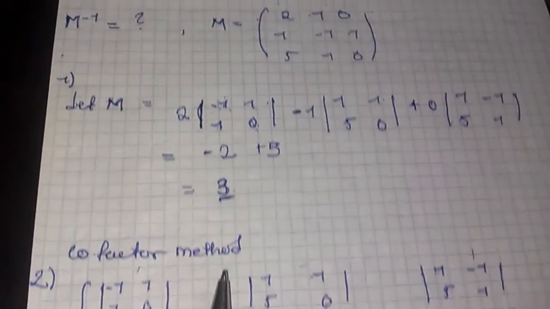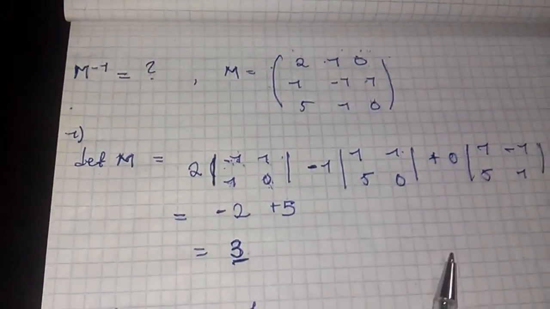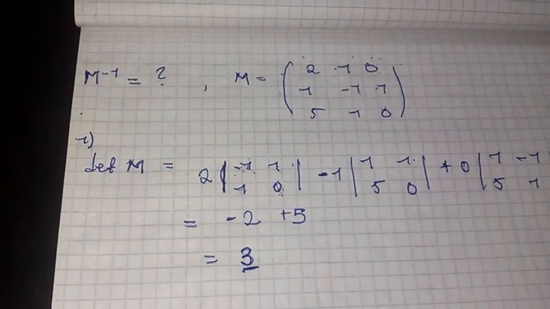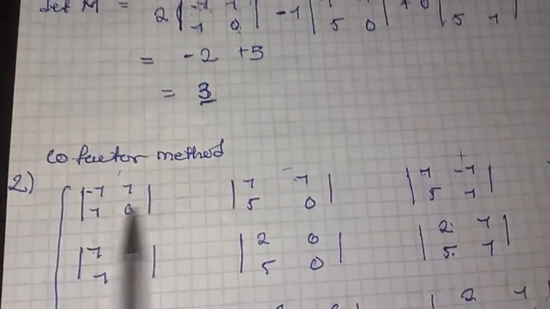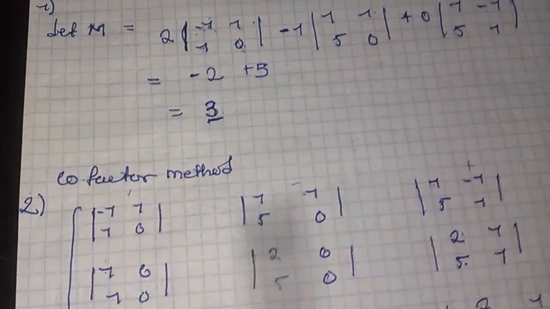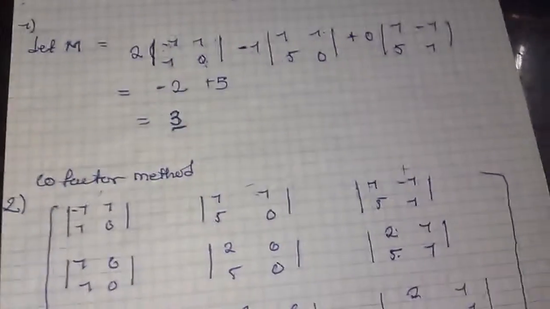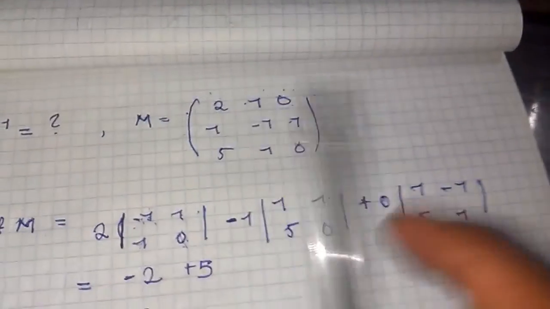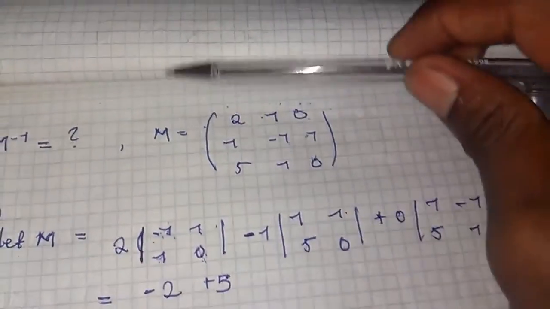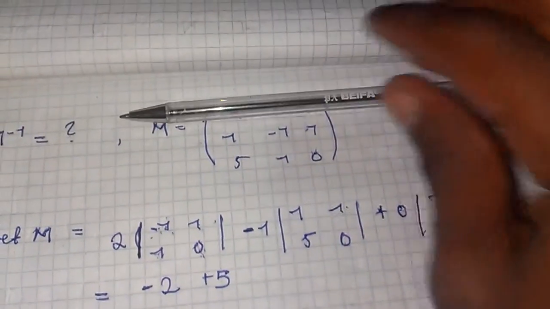This is how we look for the cofactor. I guess everybody can see where this first column came from, but I'll explain how I got all these tables. We go back to our matrix. I will first block the first one.